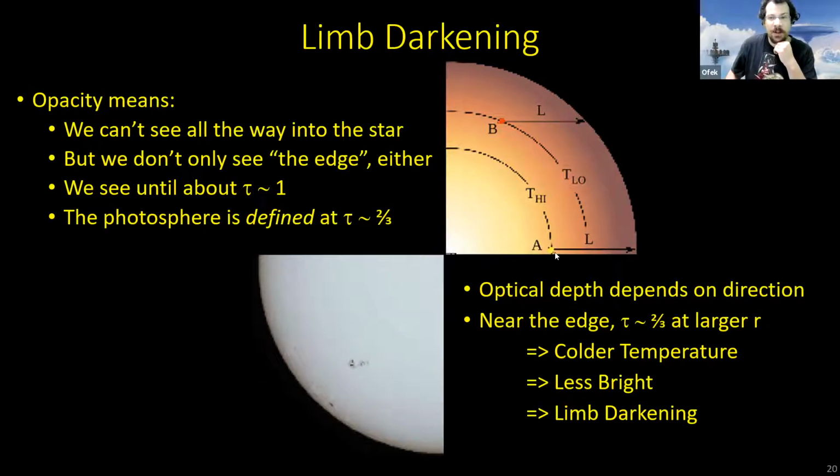If, on the other hand, you're looking off center, someone to the right of point B, the same distance L will not be directed radially towards the center. It will be grazing part of the sun. So the same optical depth, 2/3, will terminate at a lower temperature, closer to the surface temperature-wise or depth-wise. That means if you're looking at point A, you'll see a high temperature. If you're looking at point B, you'll see a lower temperature.